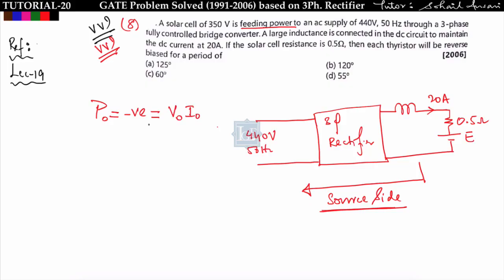For a current stiff type of load, I naught cannot reverse because thyristor bridges are connected, so the thyristor won't allow reverse current to flow. So I naught will always be positive.